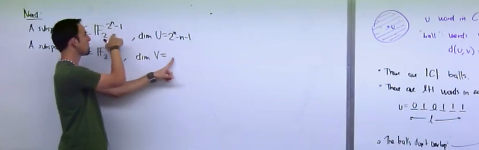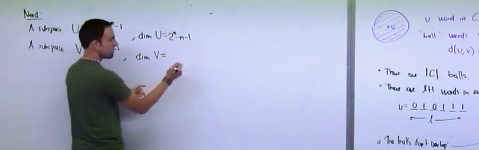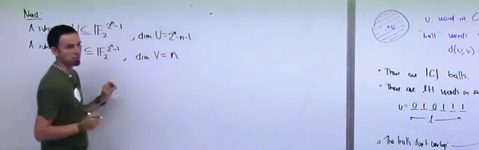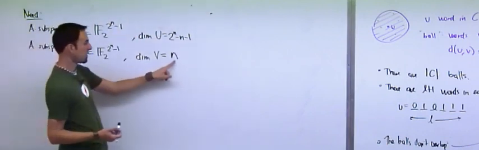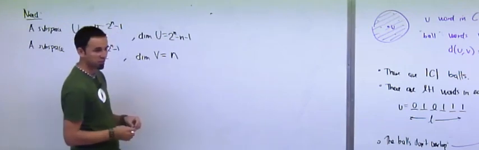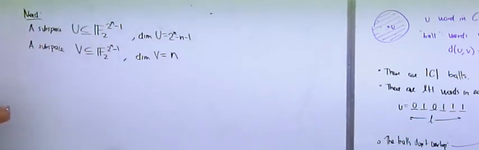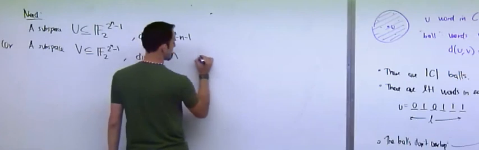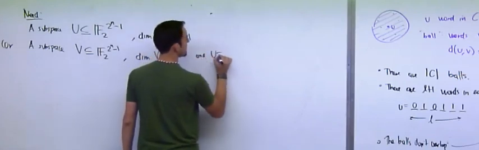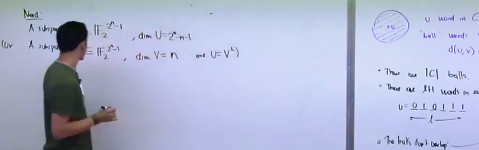So if you want 2 to the n minus 1 to be this plus this, then what you need is a subspace of dimension n. And that's much nicer. First of all, it's much smaller, and second of all, it's much cleaner. So now we want a subspace of this, and then you just make U be perp.